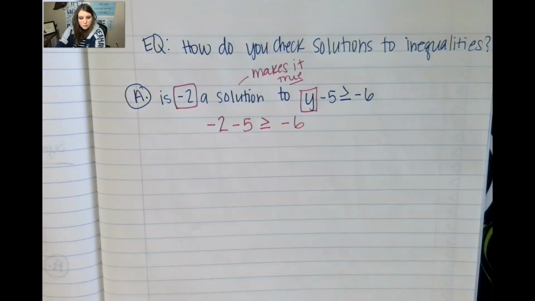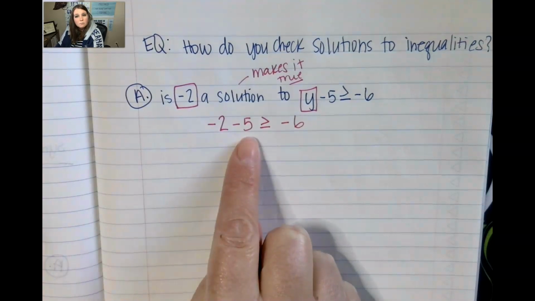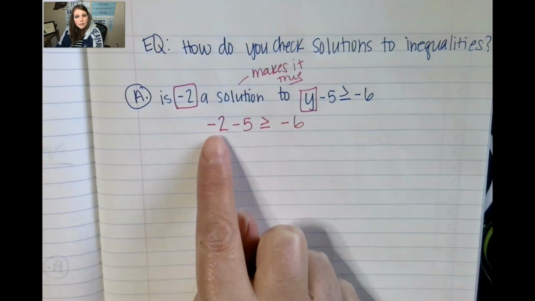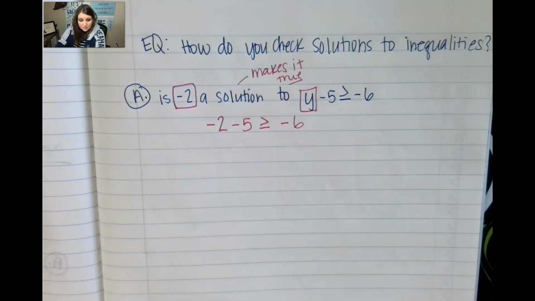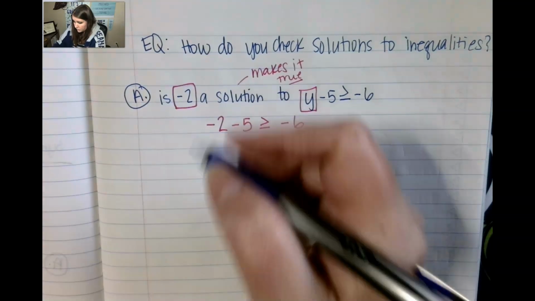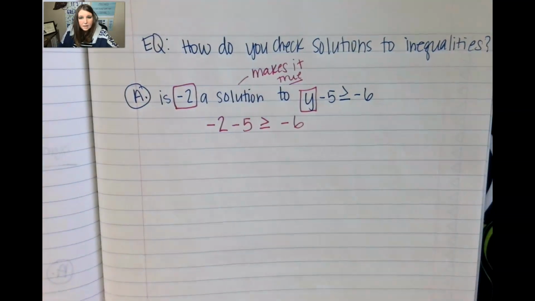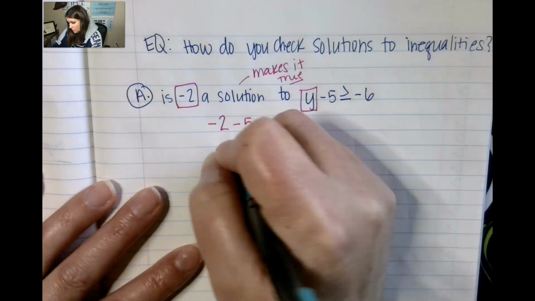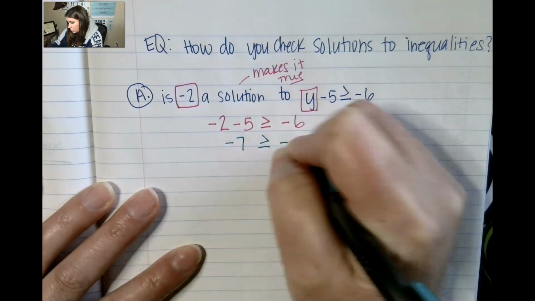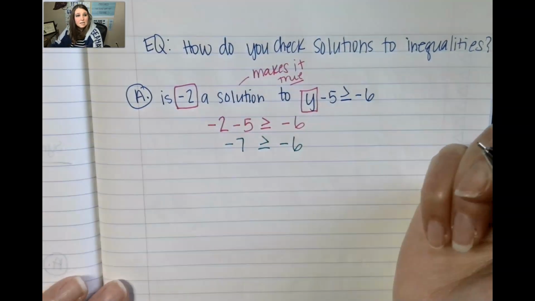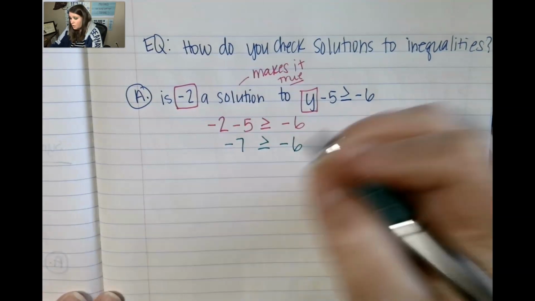All right, so now we're going to solve. I have negative 2 and I remove 5 more. Negative 2 plus a negative 5, which gives me negative 7. And negative 7 is greater than or equal to negative 6. Is this true?